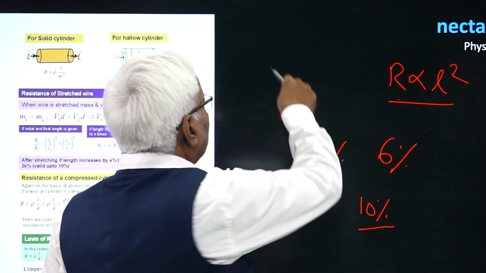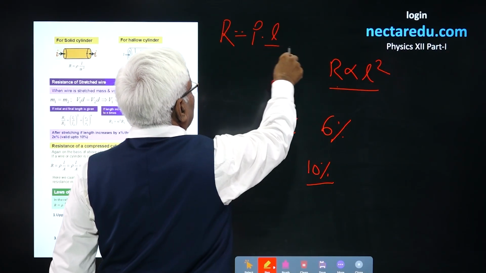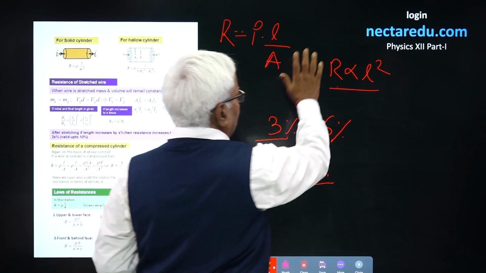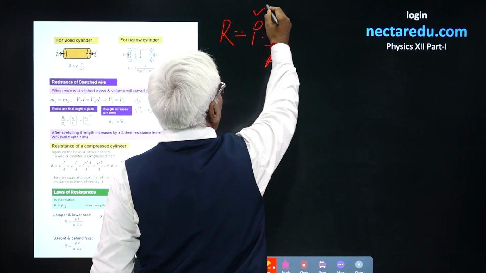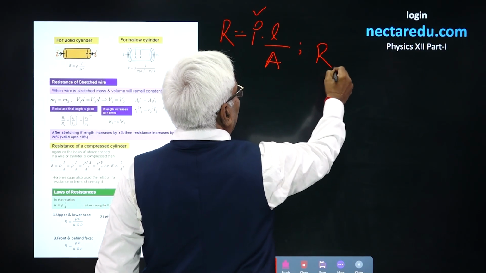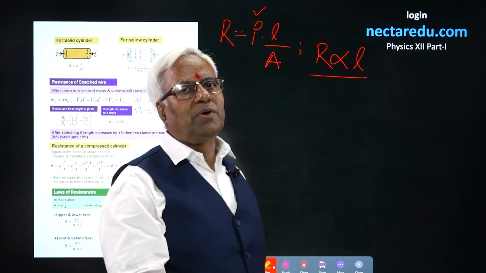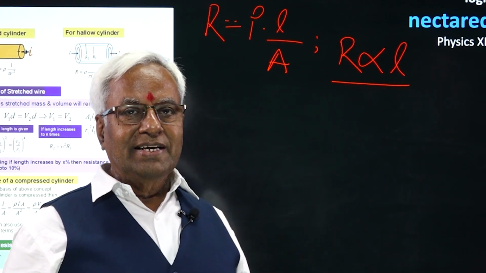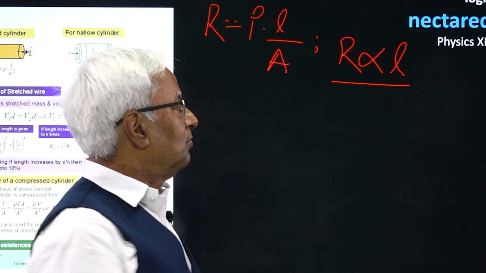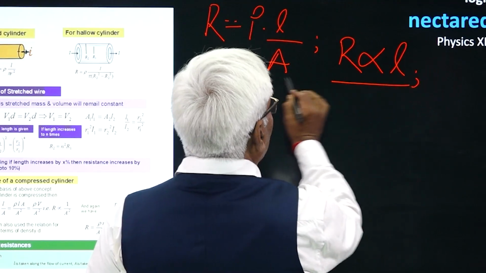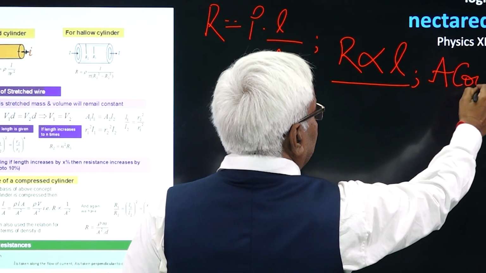But above all, this relation also suggests one very important and peculiar relation. Rho is already constant, R is proportional to L. This is a very important relation. But is it independent? No, not at all. It is dependent on one particular condition. We have considered this as constant.